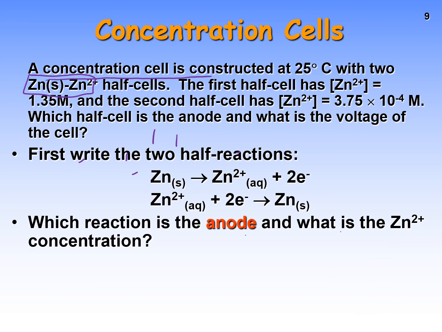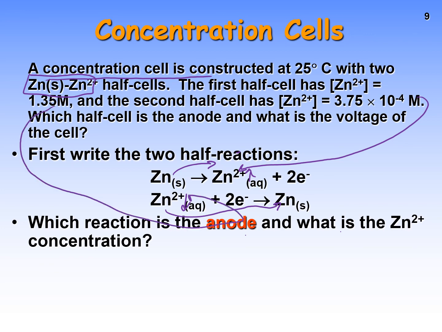We can't have oxidation without reduction and vice versa. We're forming this here, so this has to be coming up. We're getting rid of this, reacting it, so it's going that way, and this has to be coming down. So this one is the one we want to go up, that's this concentration. This one here is the one we want to go down, so it's that concentration.